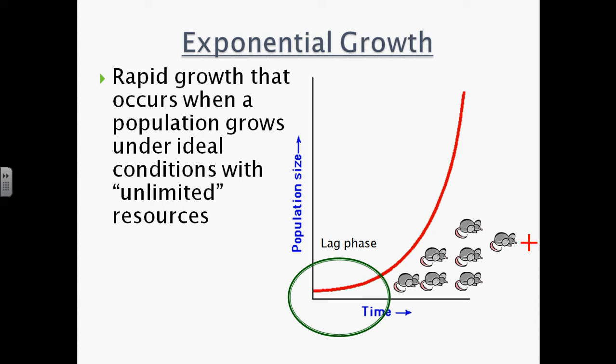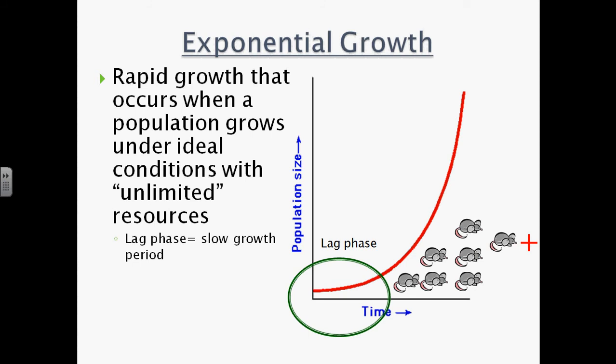resources are unlimited. So think about maybe rats or think about bacteria. If they invade a body, they have ideal conditions, you will see that they rapidly increase. So if you increase the amount of time, you're going to see that population rise as you see in this image to the right.